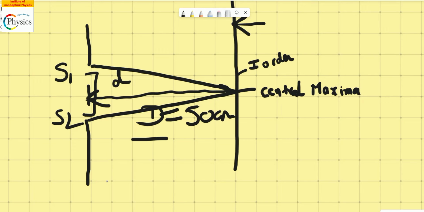And so on the upper side also the first order maxima is there, and on the lower side also there is a first order maxima, and between these two obviously there is a minima, which is first order minima.